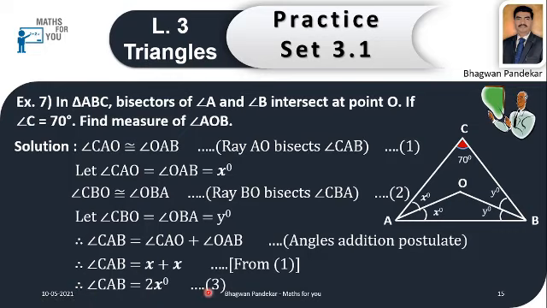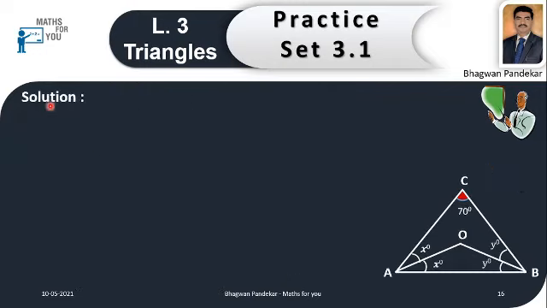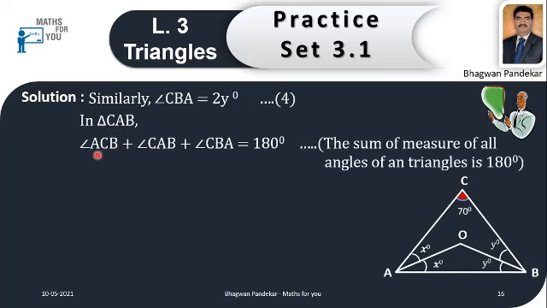This is your equation number 3. Similarly, angle CBA is equal to 2y degree. Equation number 4. In triangle CAB, angle ACB plus angle CAB plus angle CBA is equal to 180 degree. The sum of the measures of all angles of a triangle is 180 degree.